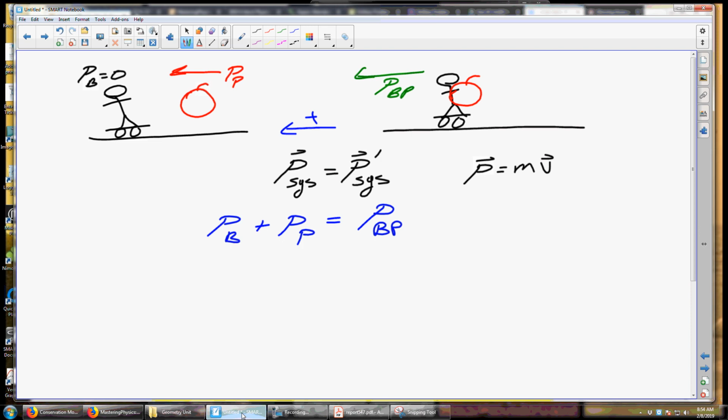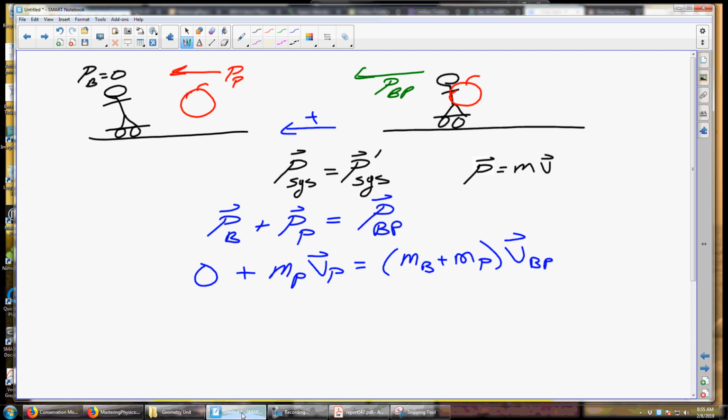And again, of course, I forgot all my vectors. So I know this one is 0, because she's not moving. This would be the mass of the pumpkin and the velocity of the pumpkin. This one, the mass will be the mass of Brittany plus the mass of the pumpkin and the velocity of Brittany pumpkin.